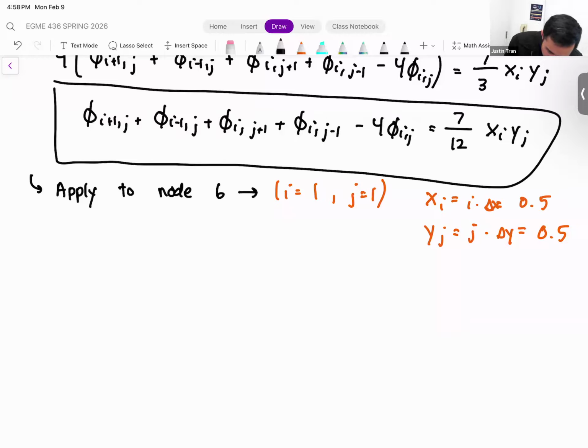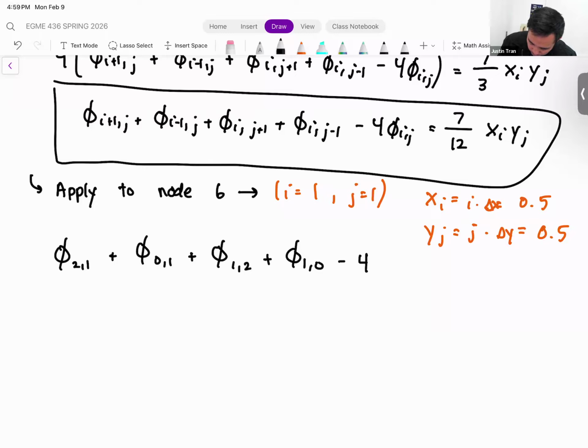So we'd have phi(i+1, j), so that's phi(2, 1), plus phi(i-1, j), so that's phi(0, 1), and then phi(1, 2), so that's j plus 1, and then phi(1, 0), so that's j minus 1, minus 4 phi(1, 1) is equal to 7 over 12 multiplied by 1/2 multiplied by 1/2. And so that is 7 over 48.